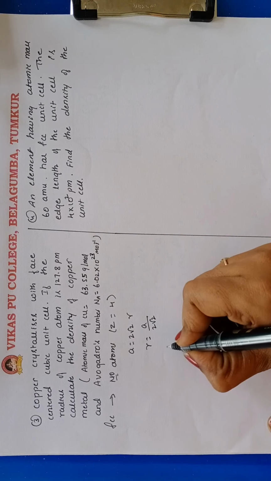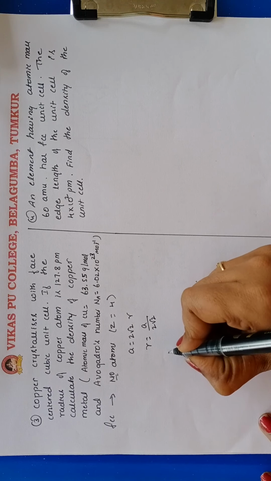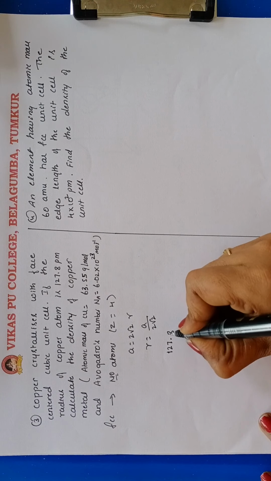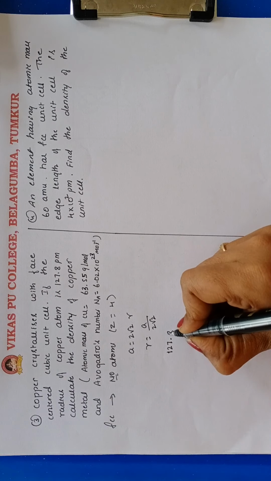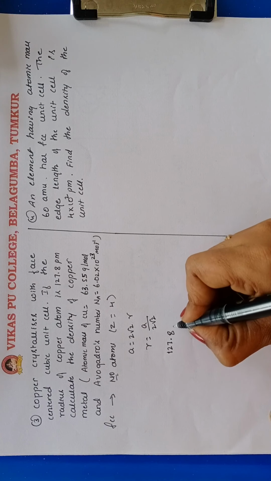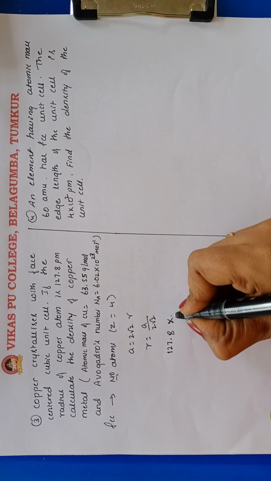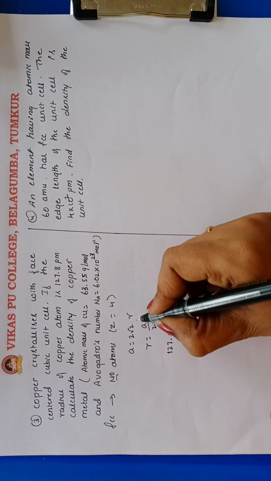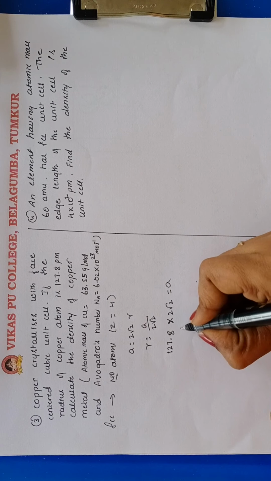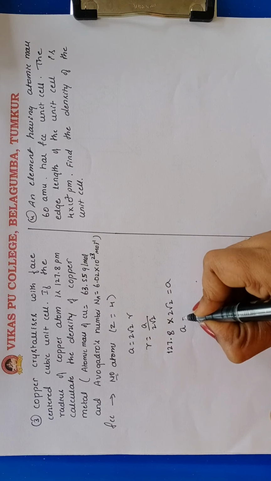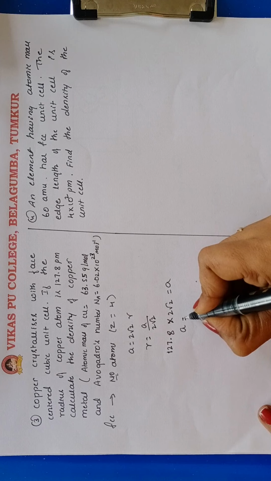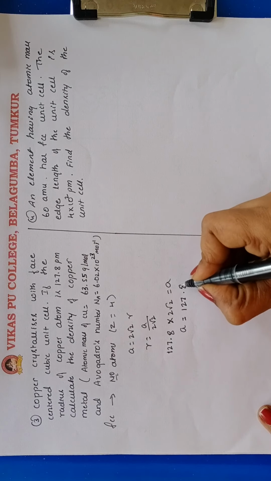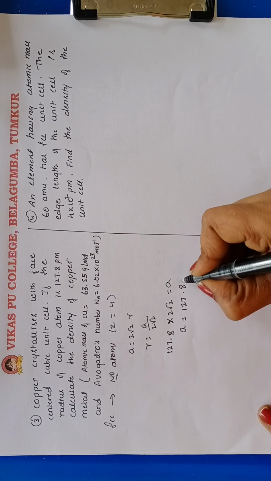The radius given is 127.8 picometer. Then A is equal to 127.8 into 2 root 2.